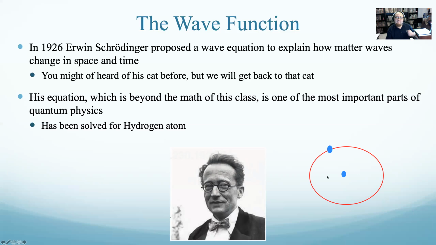If you add a second electron, there'll be a Coulomb force between this electron and the proton, and between this electron and the other electron. As the electrons move relative to each other, that constantly changes the direction of the Coulomb force, and it becomes nearly impossible. But if you have only one electron and any number of protons, this wave function can be used to describe exactly where an electron is and what it's doing.